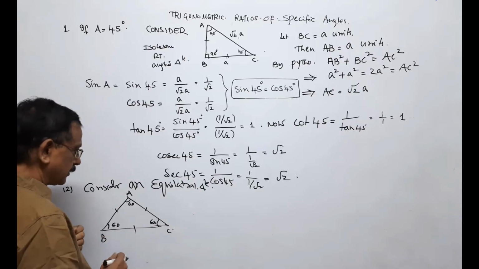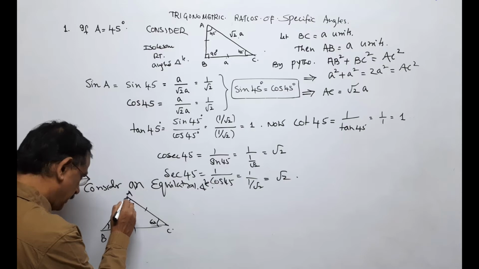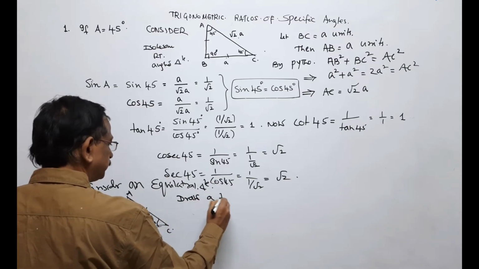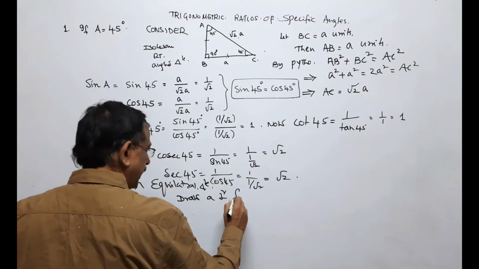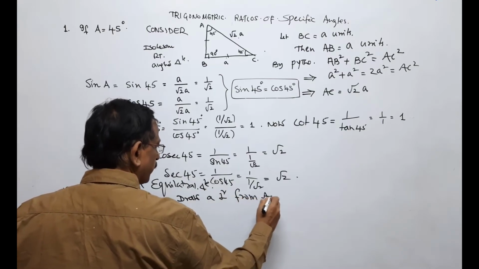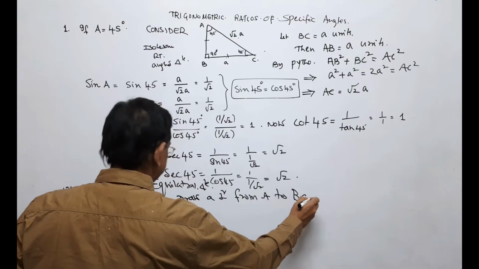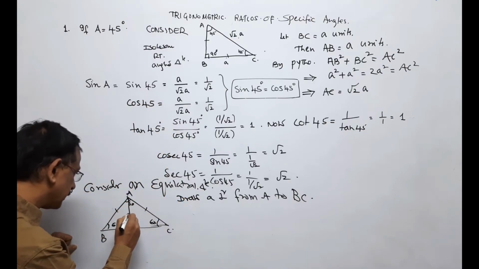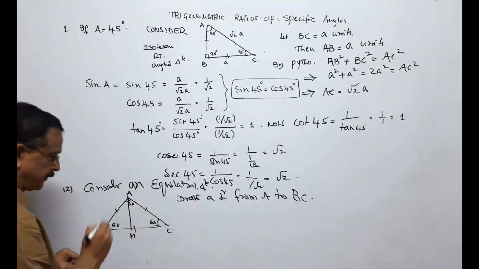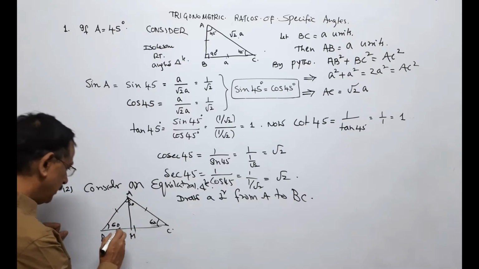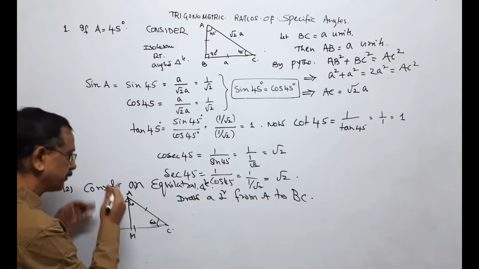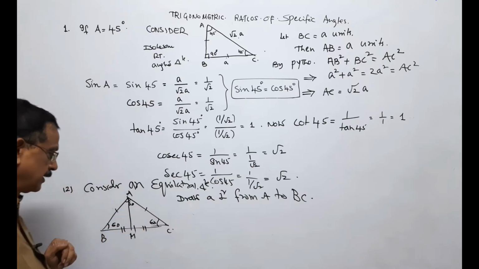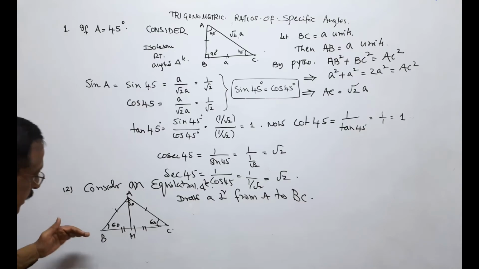Now, what I want is to draw a perpendicular from A to BC. That means I'm dropping a perpendicular. I'll call this M. Now this is a perpendicular bisector, so these two sides are the same.